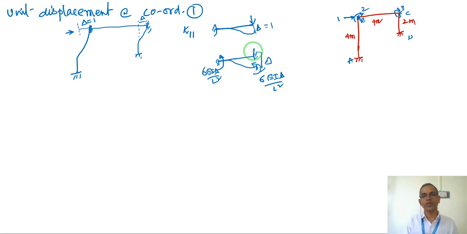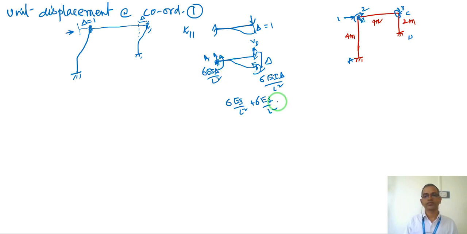So the shear force at this point will be found by taking moment at, let us say, point A. Taking moment at point A, 6 EI delta by L square plus 6 EI delta by L square, with delta equal to 1, plus the shear force, that is VD, into the length of the member.